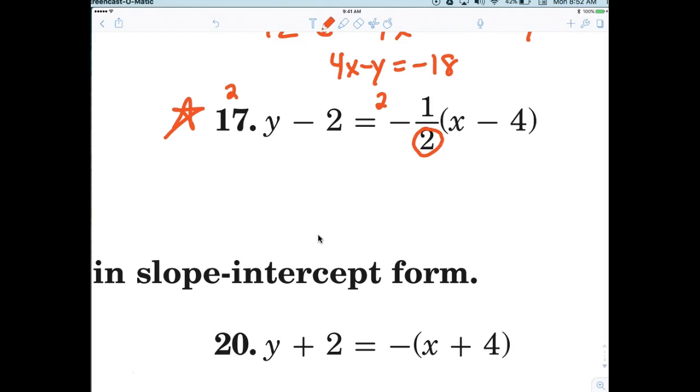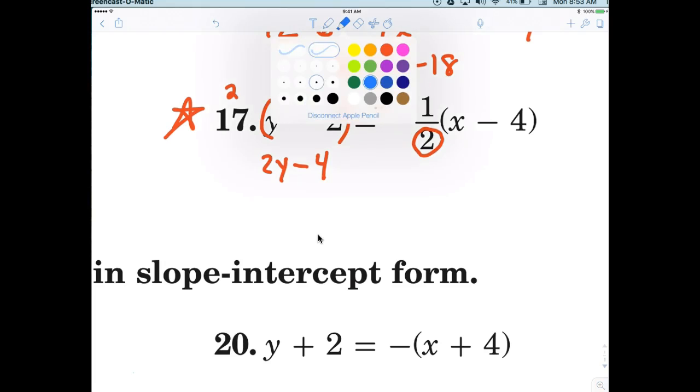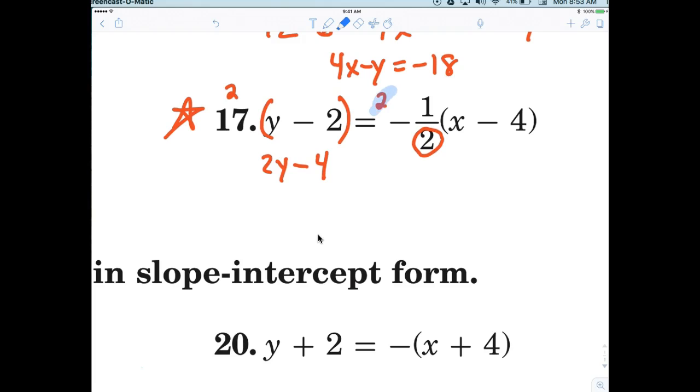If I multiply the left side by 2, I end up with 2y minus 4. You're multiplying the whole left side by 2. Now if I multiply the right side by 2, the 2s cancel out.